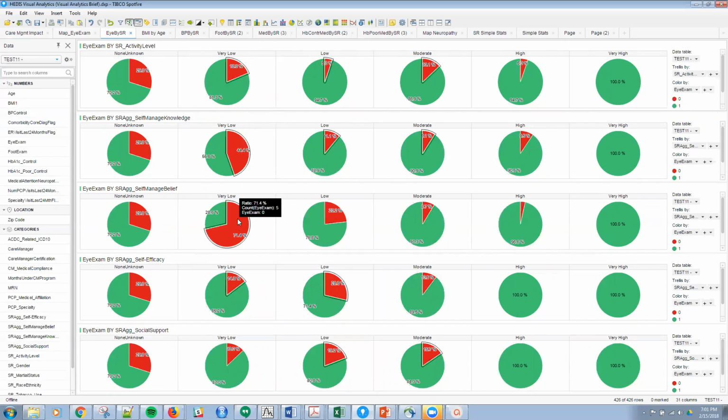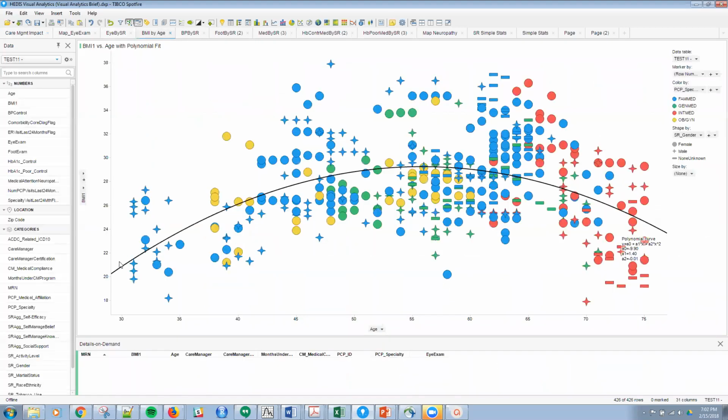And so you can see that this ratio, this percentage of red, which means that they did not have an eye exam, is kind of high. And then as they rate themselves higher through this self-metric, we have a higher compliance rate. So that's another thing that can be done here.